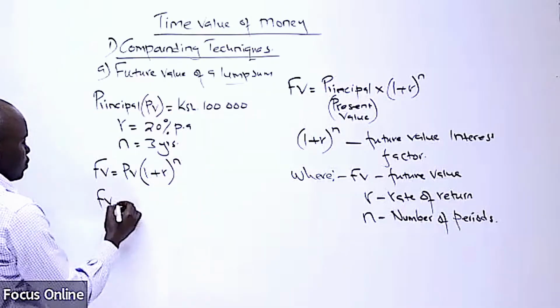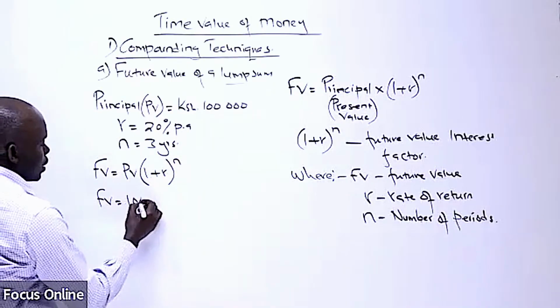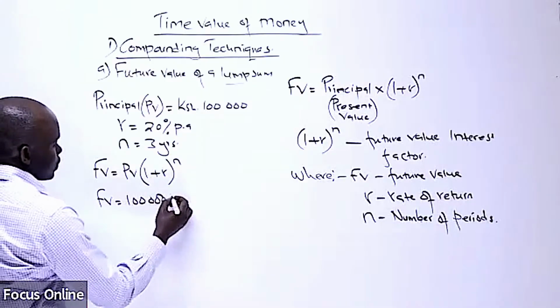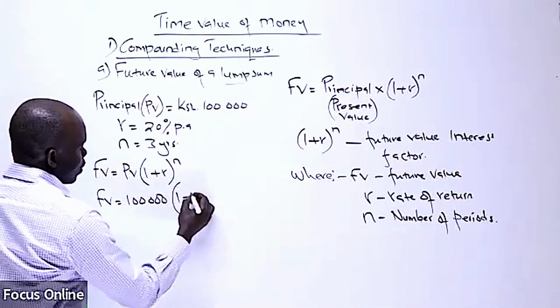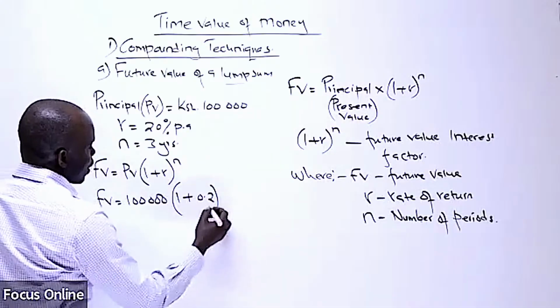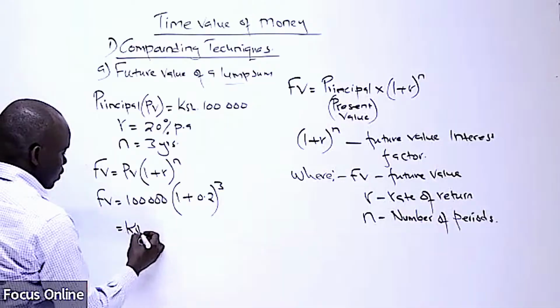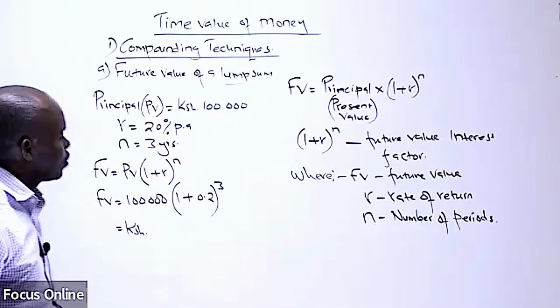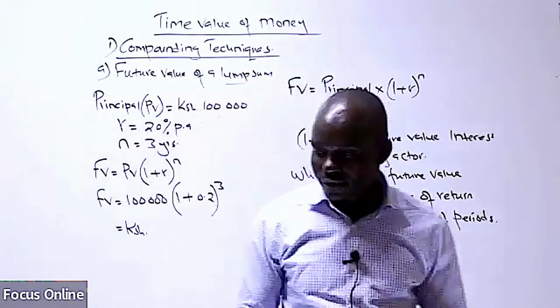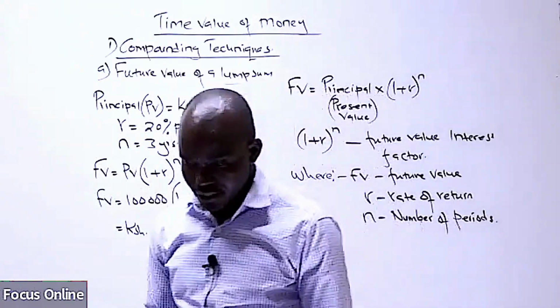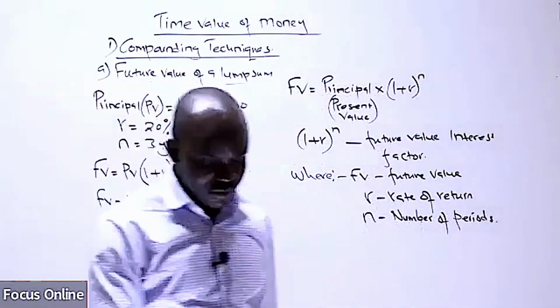So future value is equal to 100,000 times (1 plus 0.2) power 3. So get the value of the investment after 3 years.